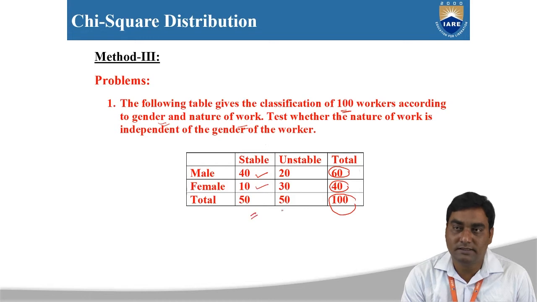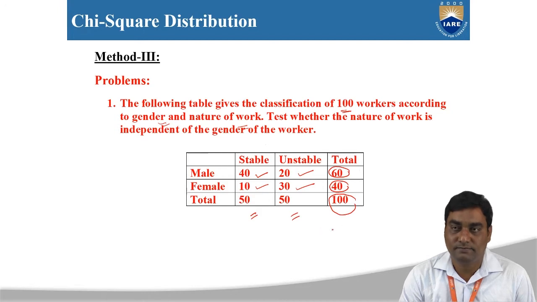Total stable workers are 50. Similarly, out of 60 males, the remaining 20 workers are unstable to do the work, and 30 females out of 40 are unstable. So in total, 50 workers are unstable and 50 workers are stable.